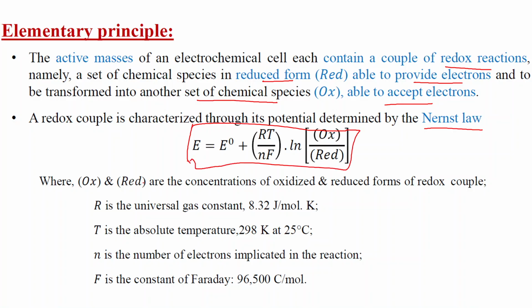Here, OX and Red are the concentrations of the oxidized and reduced forms of the redox couple, R is the universal gas constant, T is the absolute temperature at which the battery is working, and n is the number of electrons involved in the reaction. Basically, there are two reactions taking place, one is the oxidation reaction, another is the reduction reaction, so n is the number of electrons involved in each reaction, and F is the Faraday constant.